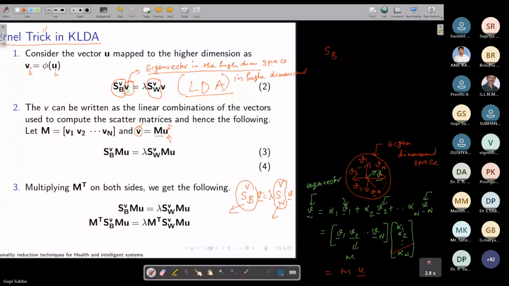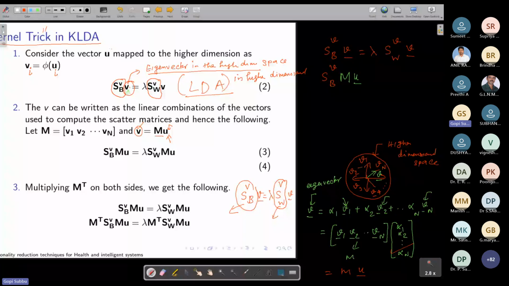SBV V equal to lambda times SWV V, right? Now I am replacing this vector V with M times some arbitrary vector U. This U is different. Again, I'm telling, okay, this is different.